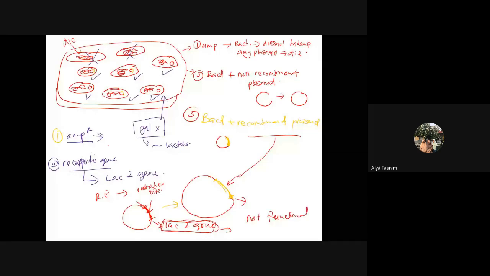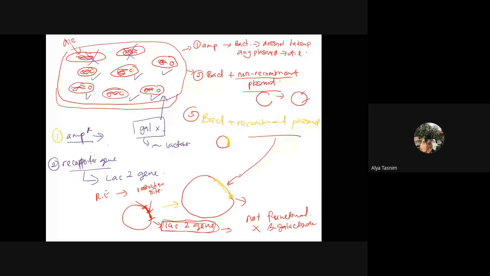It does not produce the enzyme galactosidase.